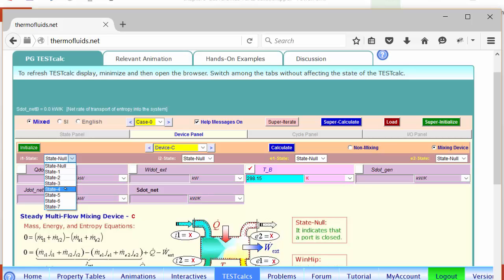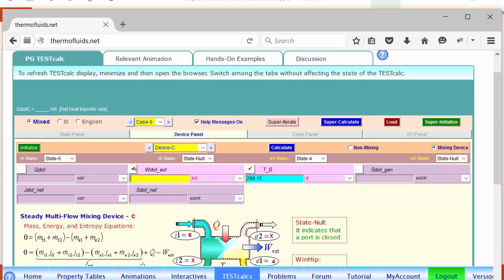State 6 is the inlet, state 6 is the exit to the regenerator, and state 4 is the turbine inlet. So this is the inlet to the combustion, state 6, this is the exit of the combustion, state 4.